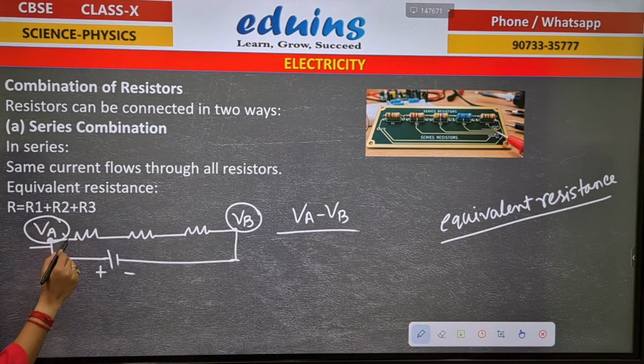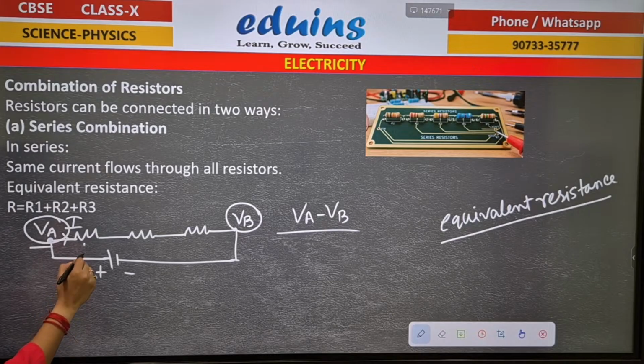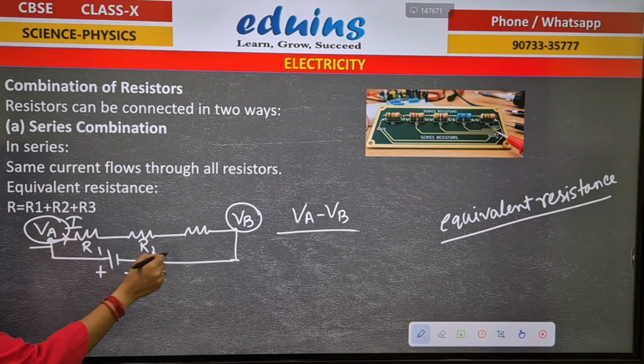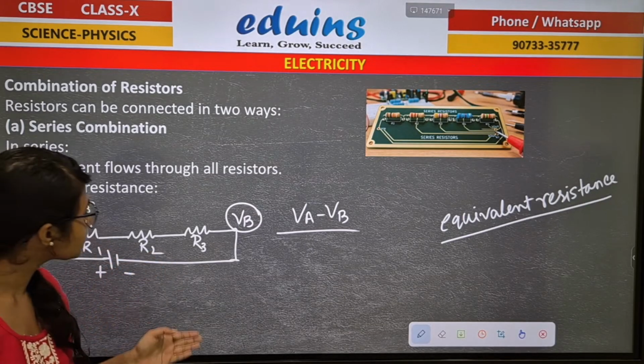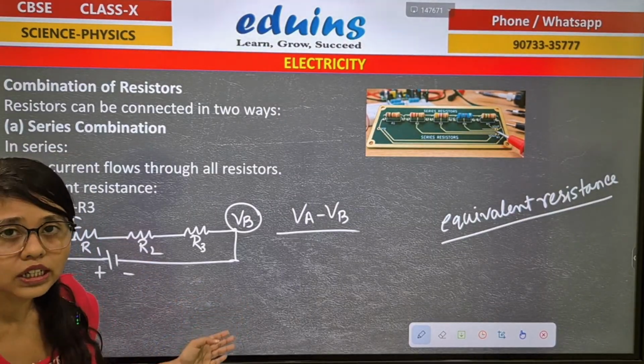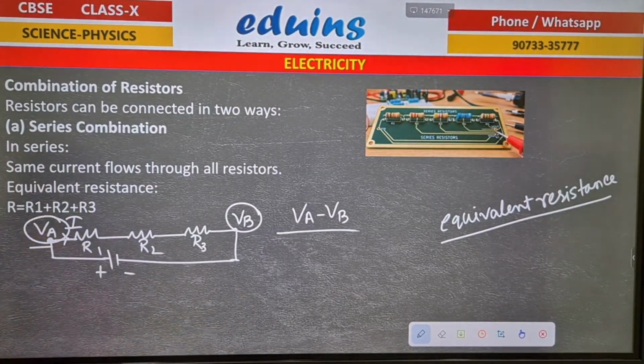Let's assume I is the flowing current. So I is the current flowing through resistance R1, R2 and R3. We take three resistors. The resistance of the first resistor is R1, the second is R2 and the third is R3.